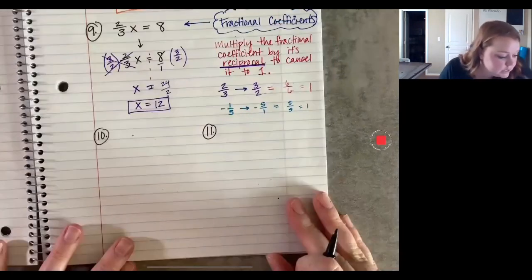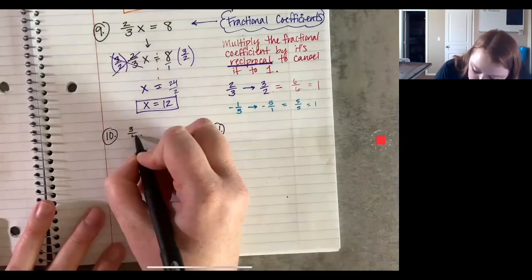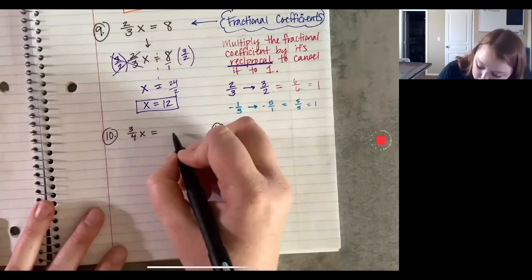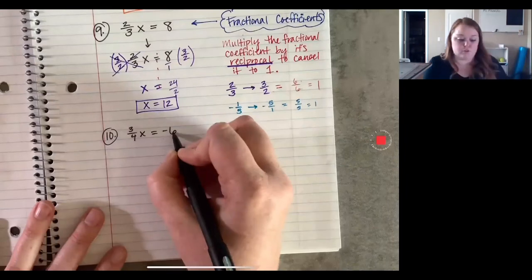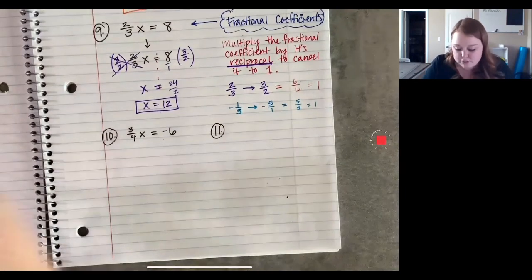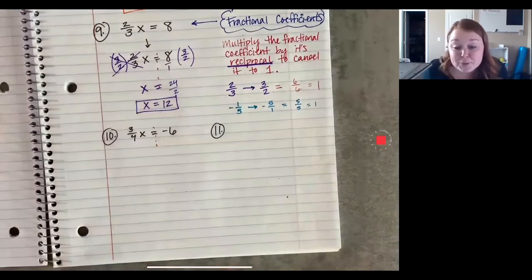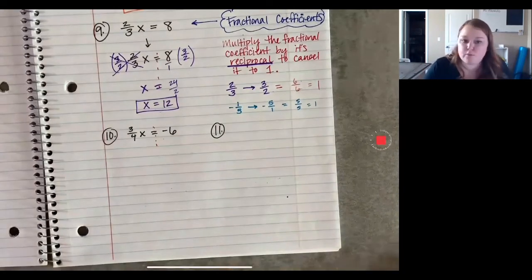Okay. Number 10, 3/4 x equals -6. 3/4 x equals -6. So I look to the side with my variable on it and I go, uh-oh, fractional coefficient. How do I cancel it out?